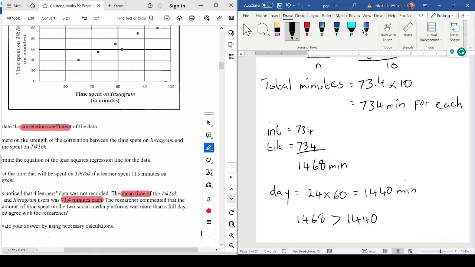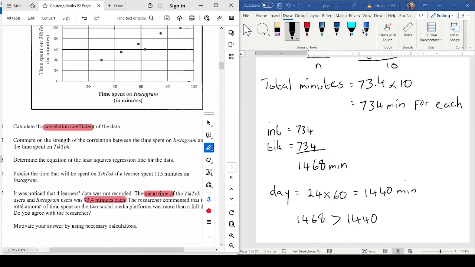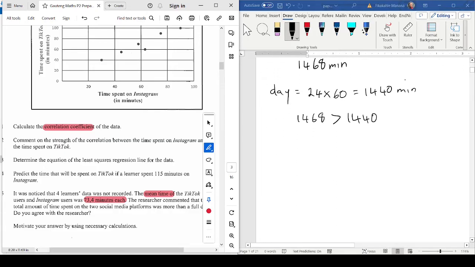So which means now, it says, do you agree with the researcher? The researcher's conclusion is very correct.